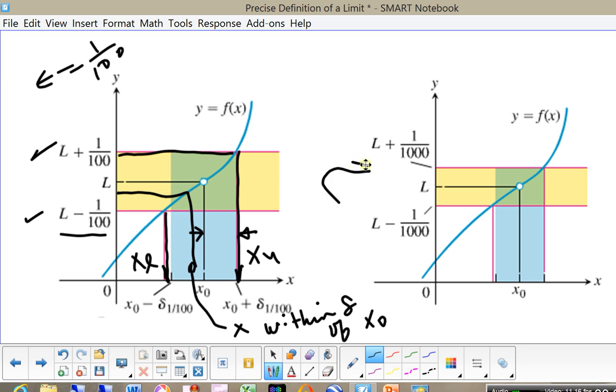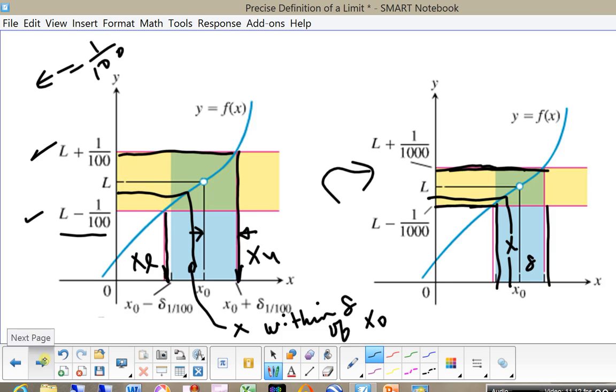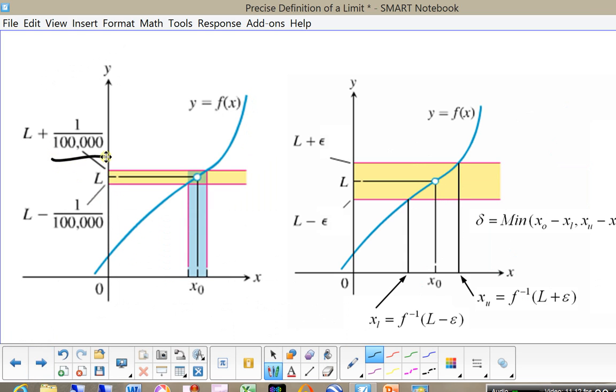And then you could keep on going and say, well, somebody might pick 1 over 1,000, and no matter how close or how small an epsilon they pick, you can always go backwards and find a delta such that if you're within delta of x naught, f of x is going to be less than epsilon distance from L. And you could keep on going to 1 over 100,000, and you sort of get the picture.